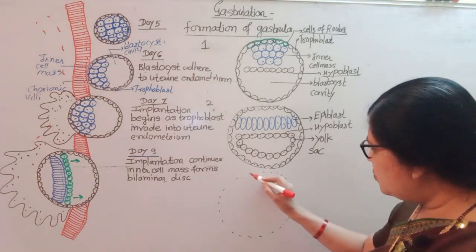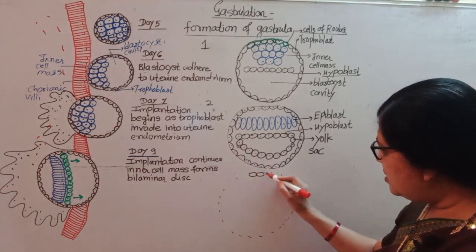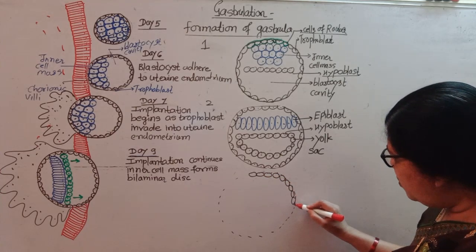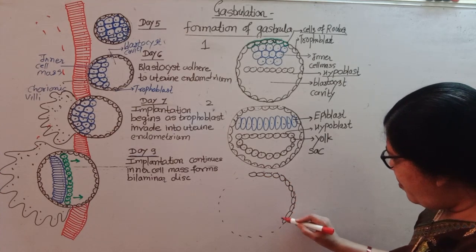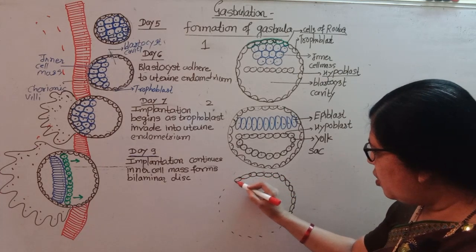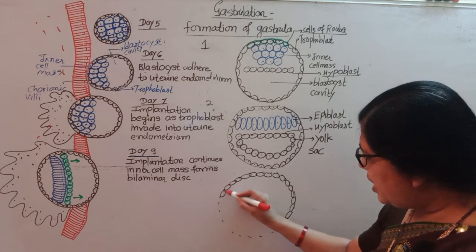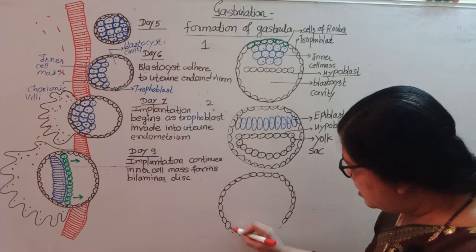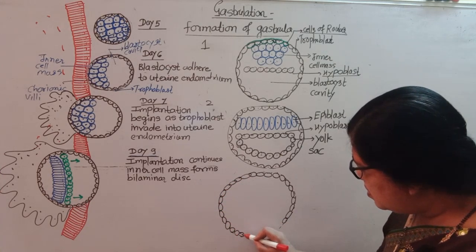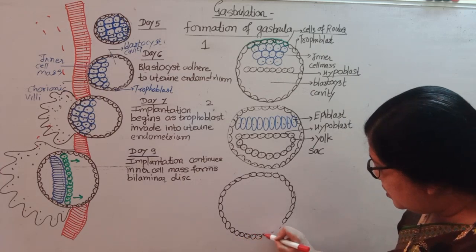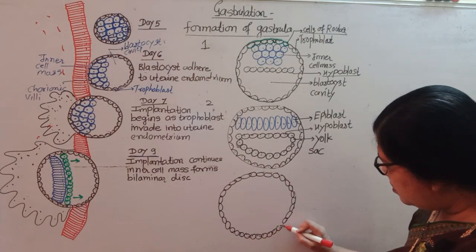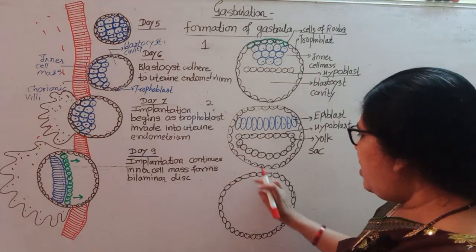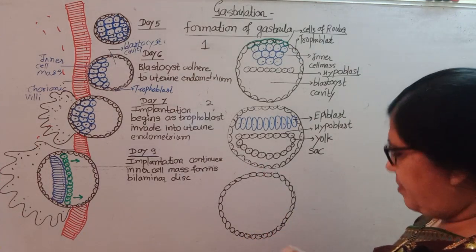These are trophoblast cells which are present on the periphery of the gastrula. Now a very important event takes place.